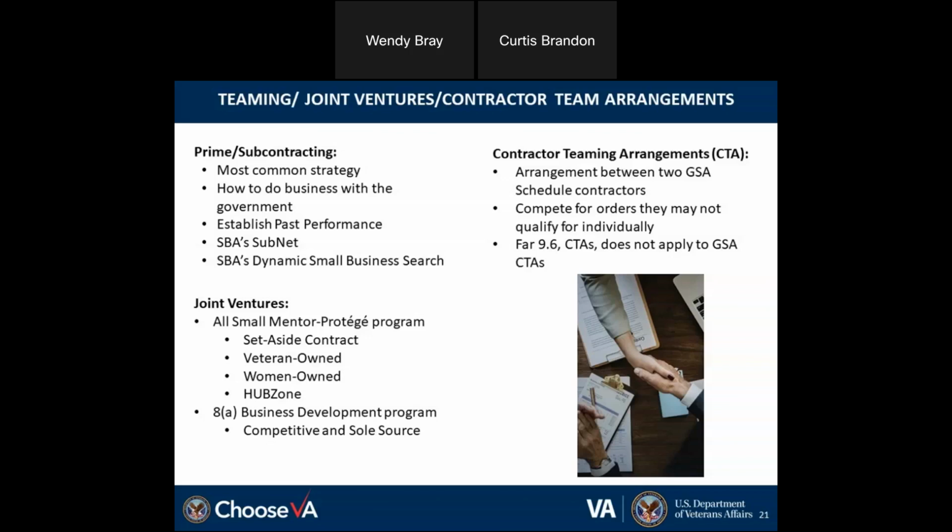There are also joint ventures, which allow two or more small businesses the option to combine their expertise to successfully respond to federal contracting opportunities. So when you are forming a joint venture, the product and/or service expertise of both businesses is combined, in addition to their assets, liabilities, financials, and size standards, among other variables.